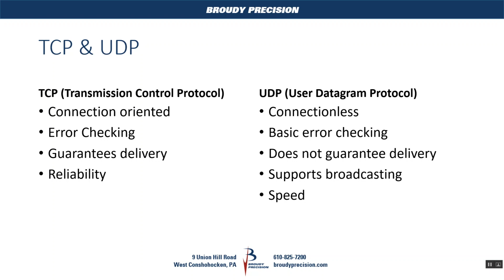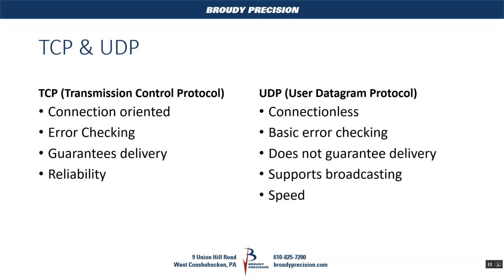UDP, like I said, supports broadcasting, so it can send out data to multiple addresses at the same time, and we'll talk about why that's important to know a little bit later on. And UDP is also better at handling speed requirements. So if you have a connection that requires the data to get there fast, this is the way to go.